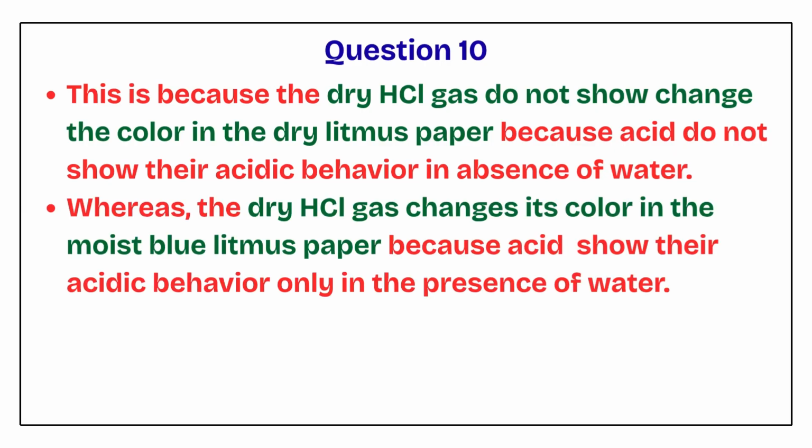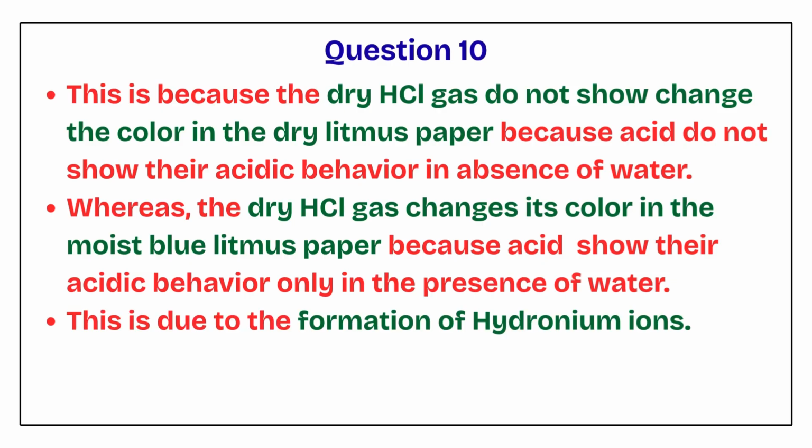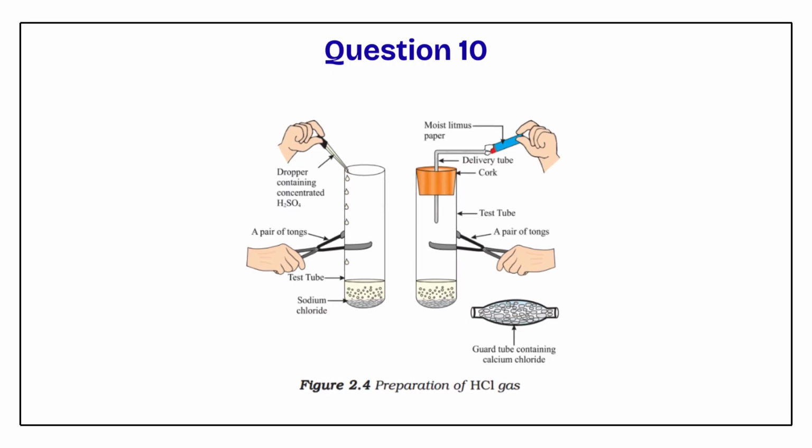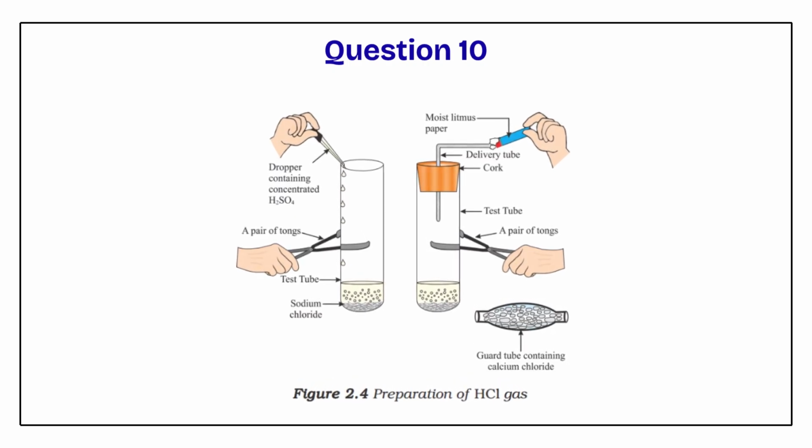Whereas the HCl gas changes the color of the moist blue litmus paper because acids show their acidic behavior only in the presence of water. This is due to the formation of hydronium ions. So this was an activity-based question.